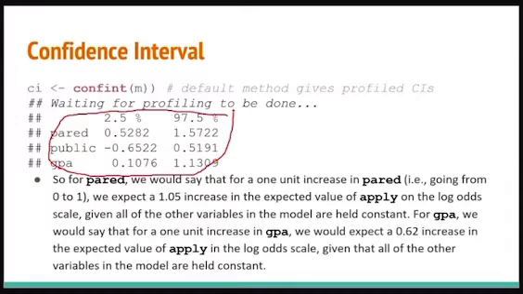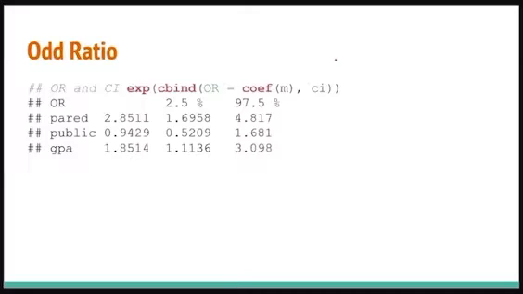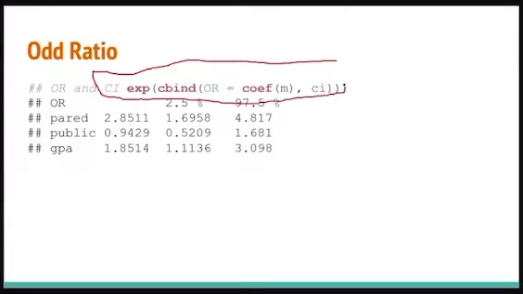Now, if I want to remove the log, and instead of saying log odds, I just want to say odds, look at what I'm going to do. I want to find the odds ratio. This is the code for the exponentiation, exp. That's exponentiation of your OR, where OR equals the coefficient and CI.